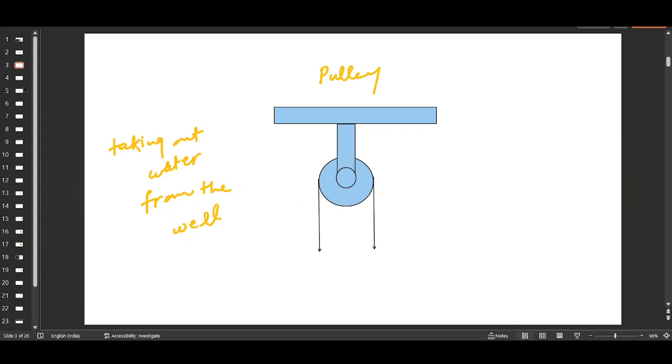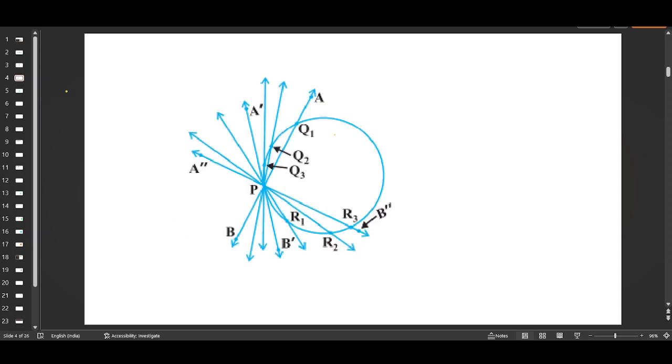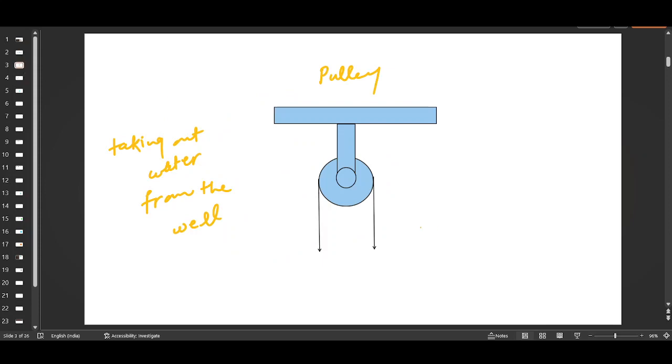Now if you talk about tangent, here this rope is known as the tangent. Clear? This rope is known as the tangent.